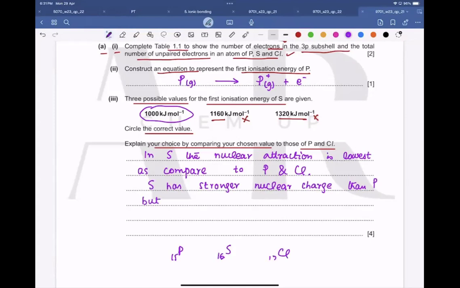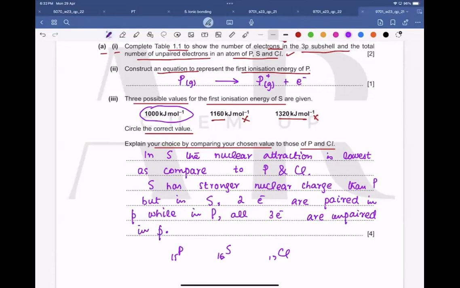But in sulfur, 2 electrons are paired in p, while in phosphorus, all 3 electrons are unpaired in p. Is this understandable?